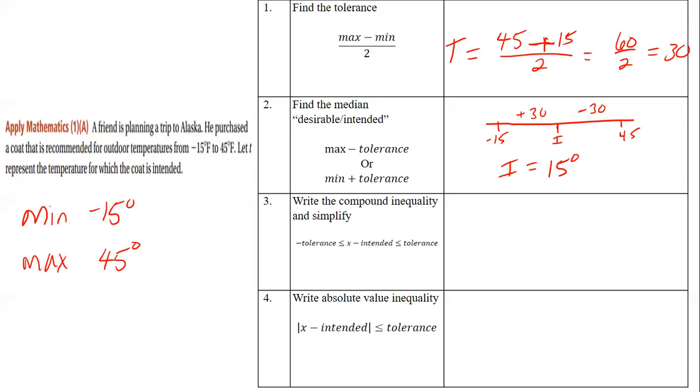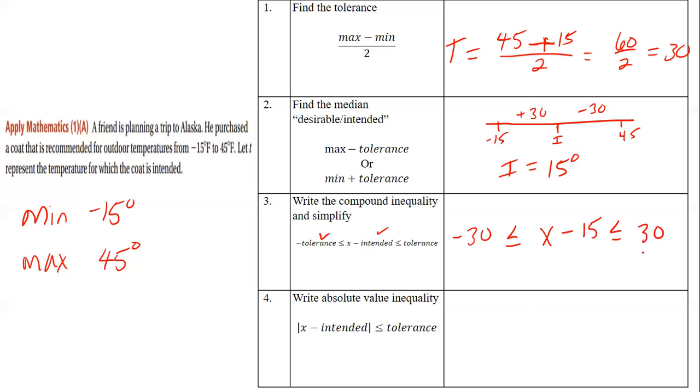Okay? So then we're going to write the compound inequality. For the compound inequality, we need our tolerance and our intended. Do we have those values? Yes, we have our T, we have our I, so we can write our compound inequality. We have -30 is less than or equal to X minus our intended, which is 15, which is less than or equal to 30.